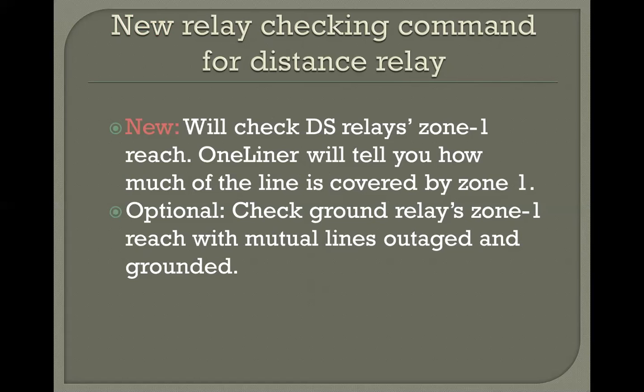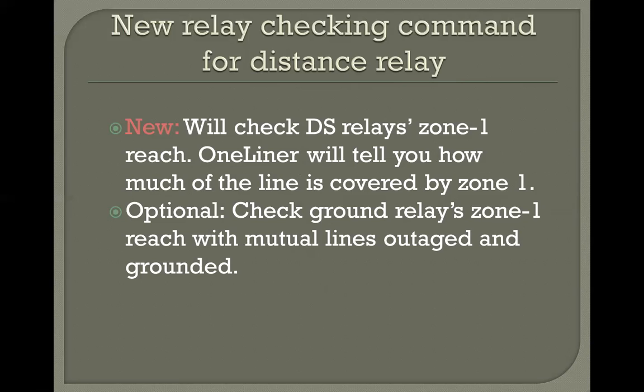So let's say you want zone 1 to cover 80 to 90% of the line, and the program finds it only covering 70. It would give you a warning that you're not between the 80 and 90 limits that you have set. Optionally, the program will check the ground relay zone 1 reach with neutral lines out of service and grounded.